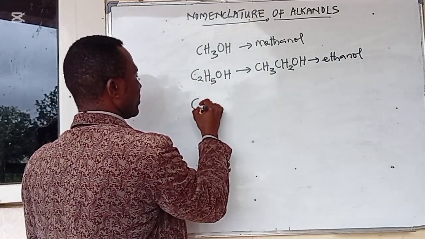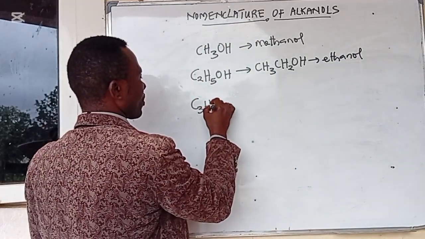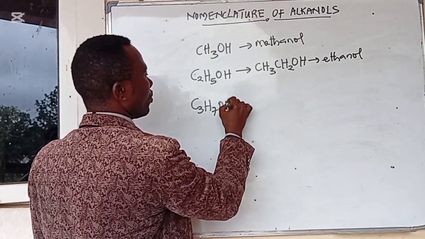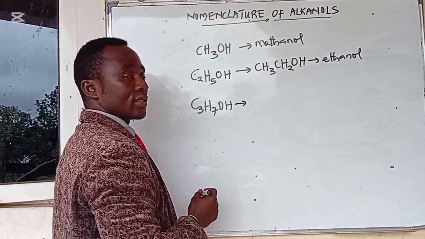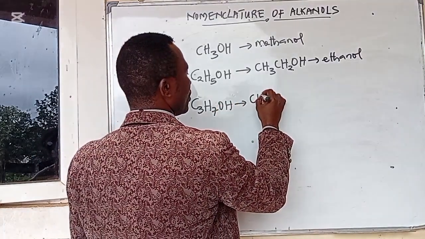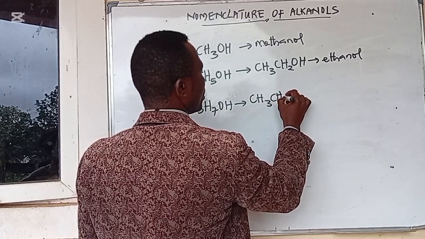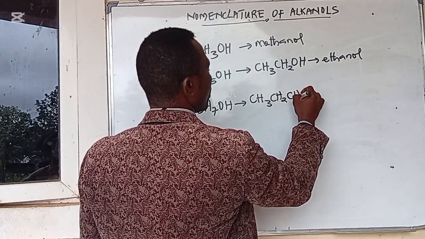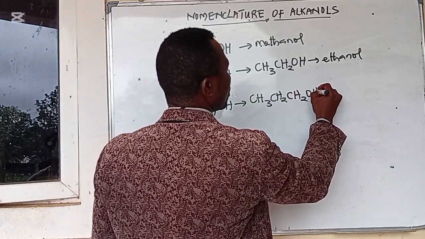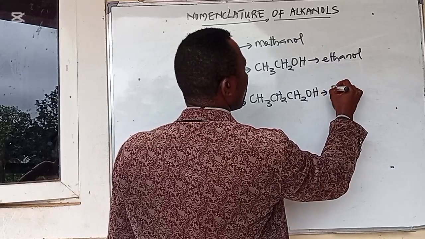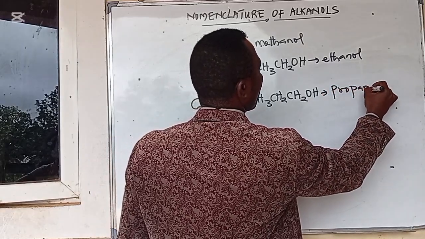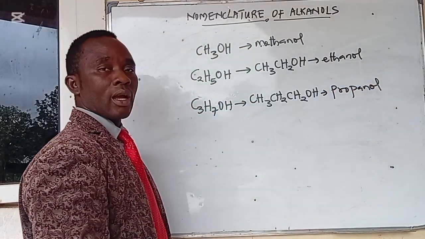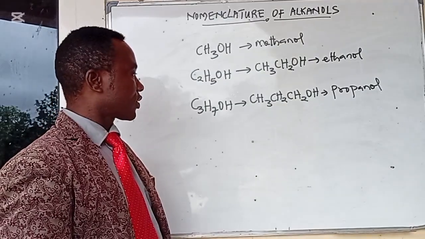The third member is C3H7OH, which can be written as CH3CH2CH2OH, and that is propanol, and so on and so forth.